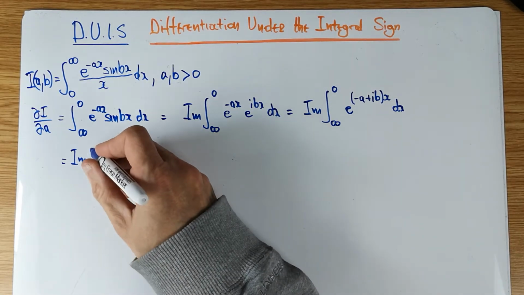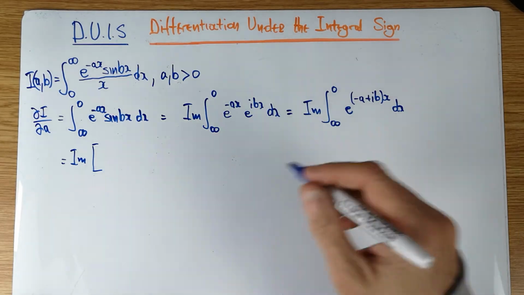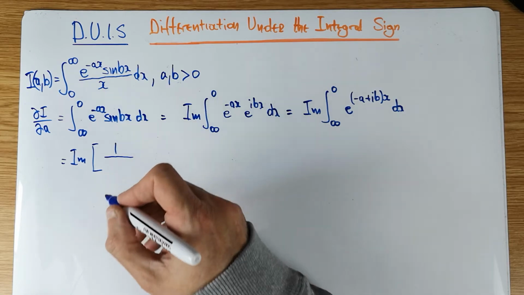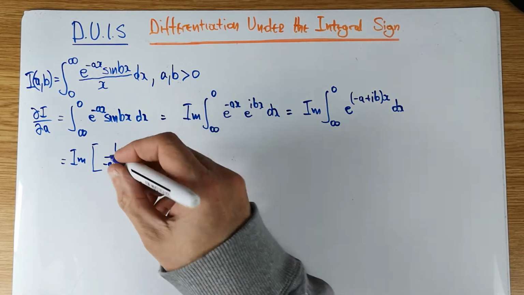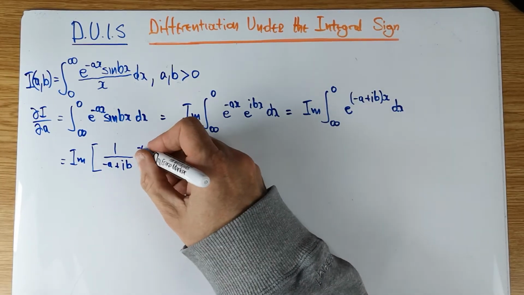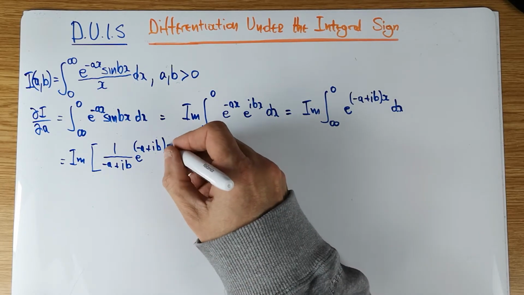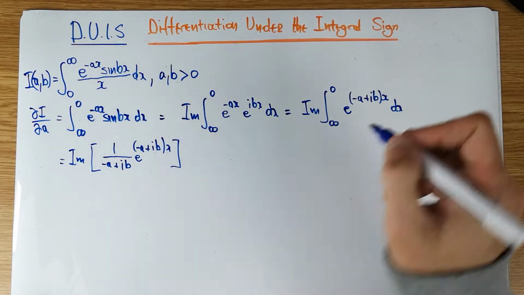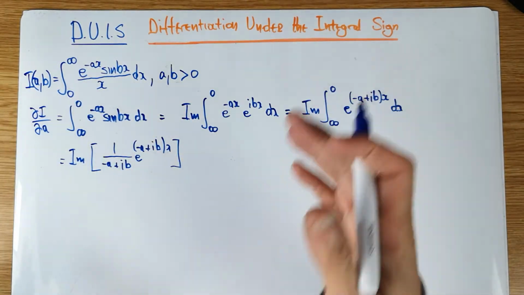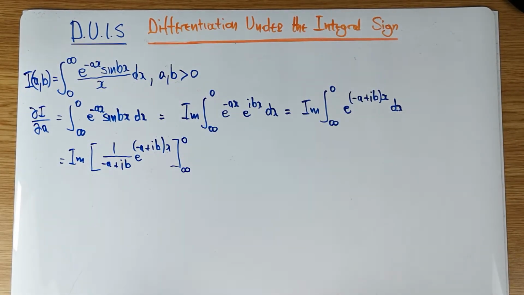And now we begin putting evaluation brackets. So in the evaluation brackets I'm going to write 1 over minus a plus i b, times e to the minus a plus i b lots of x, integrated. I'm going to use these brackets also to mean the imaginary part as well as the evaluation limit, so double-purpose ones. I'm not going to put another bracket on the outside.